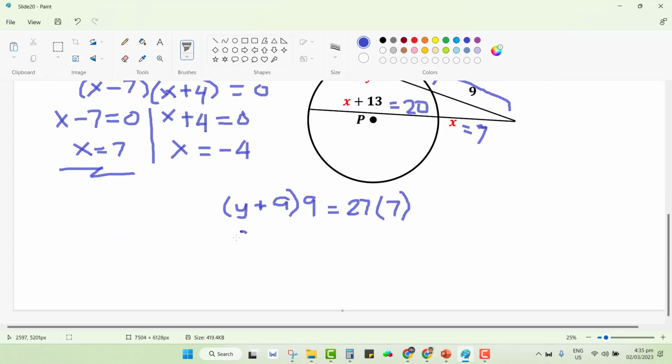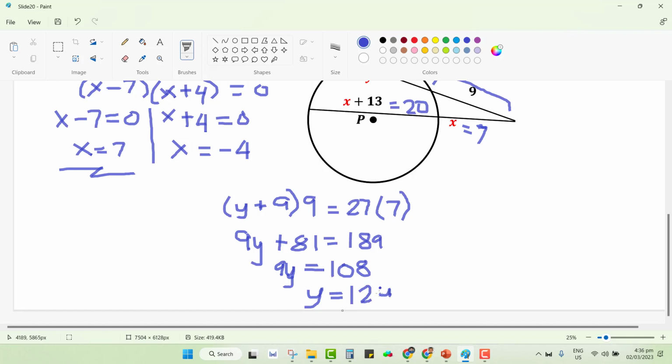So we have 9y plus 81 equal to 189. So 9y is equal to 189 minus 81, which is 108. When we divide both sides by 9, y is equal to 12.